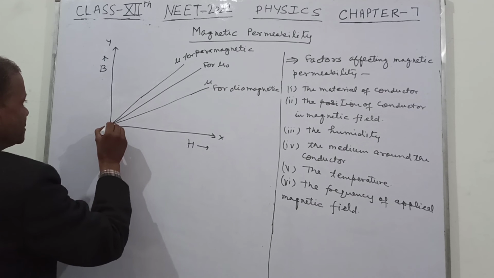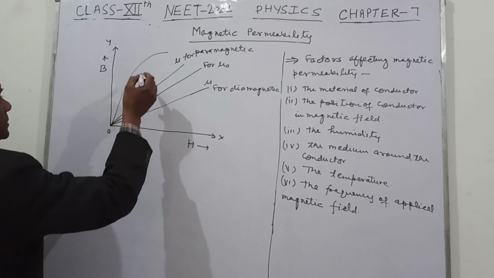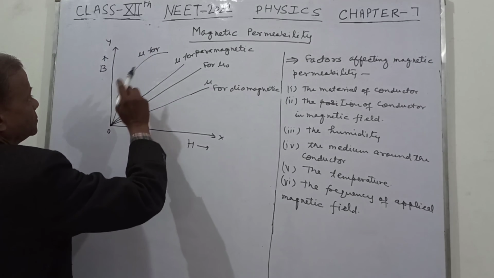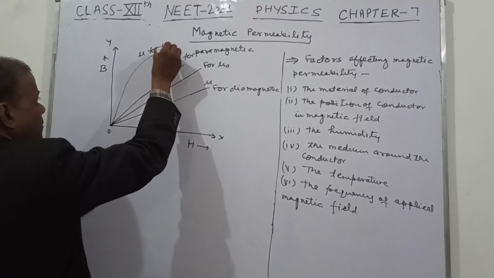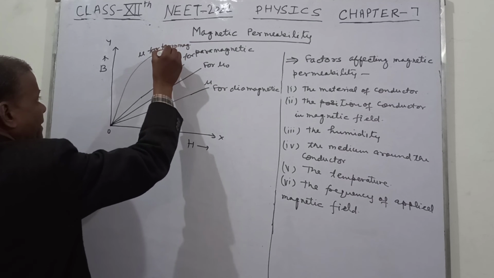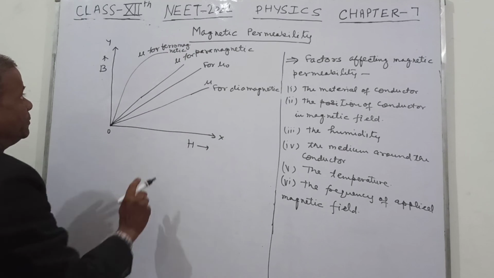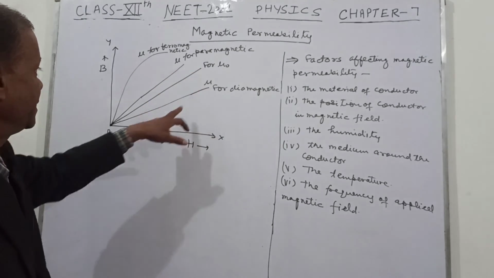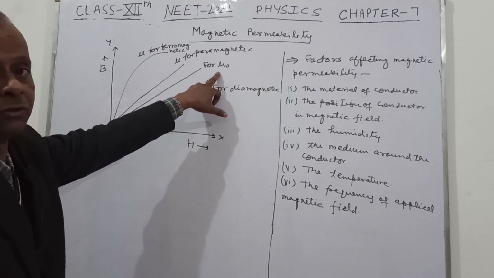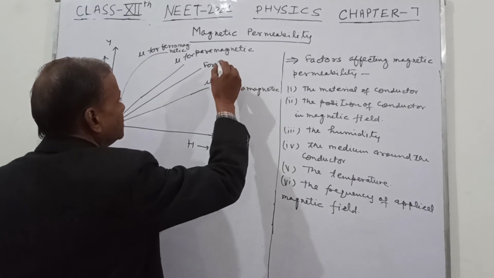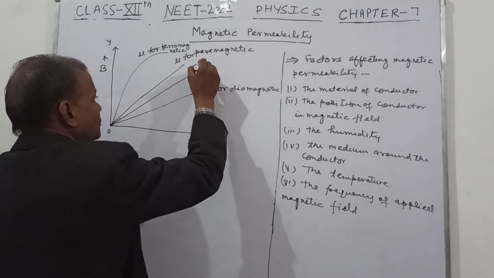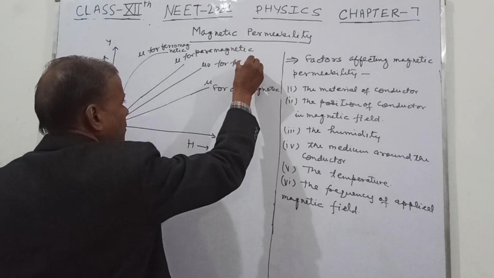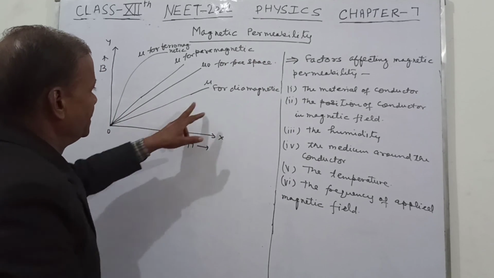And if we have a graph like this one, then this is mu for ferromagnetic. So this graph is for ferromagnetic, this graph for paramagnetic, this is mu naught for free space. This is mu for diamagnetic.